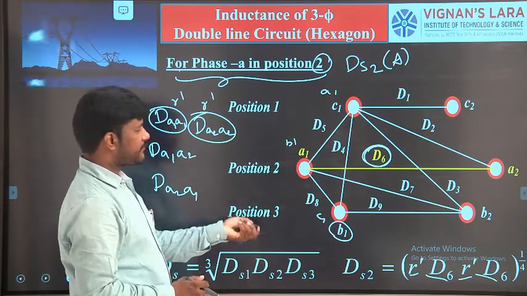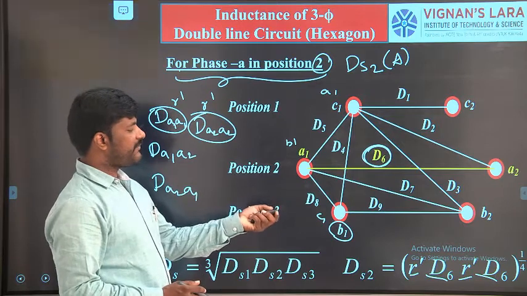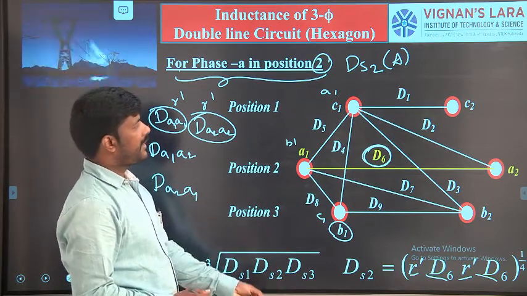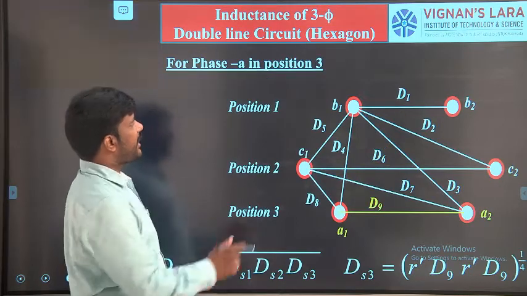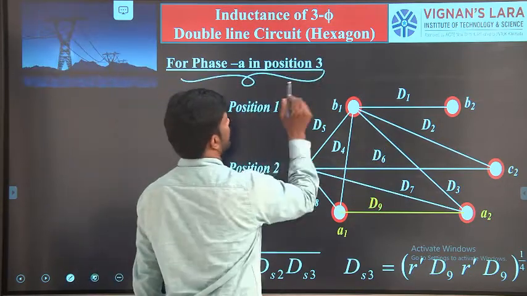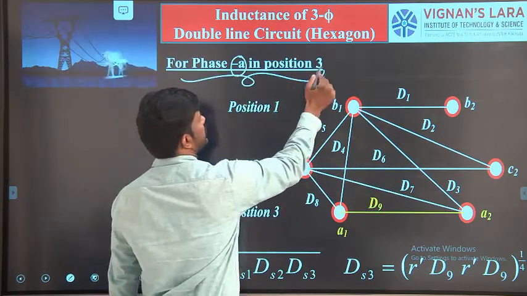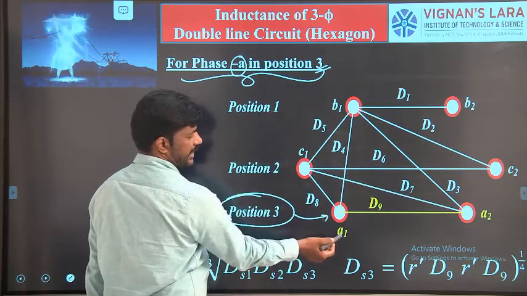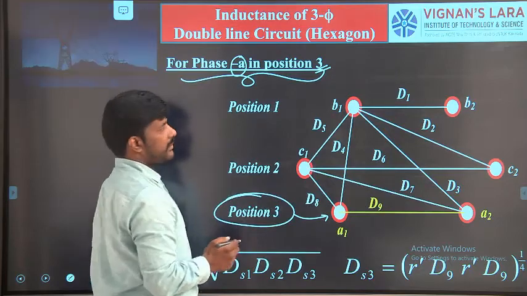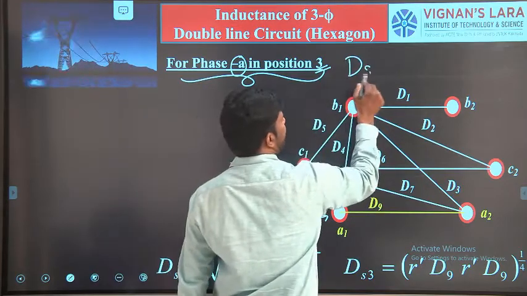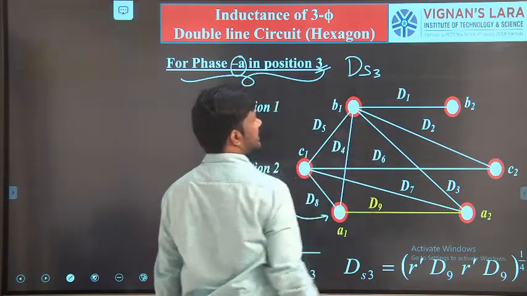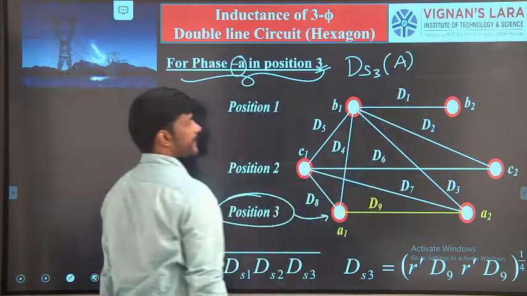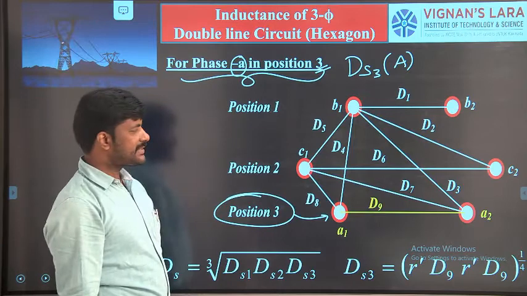Next, whenever the same phase of the conductor is located in position 3, phase A, this is position 3, and phase A, yellow color, then the self GMD calculated, we call it DS3, this is for phase A. Okay, then what is the self GMD?